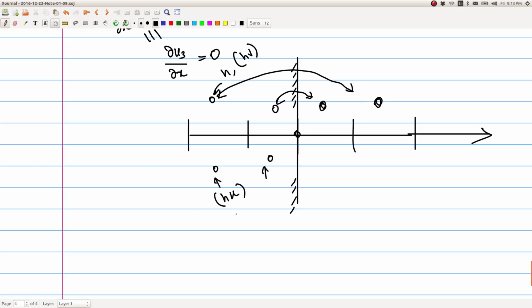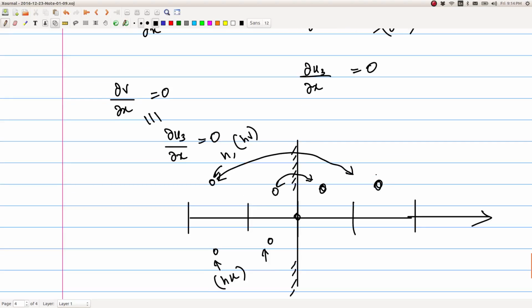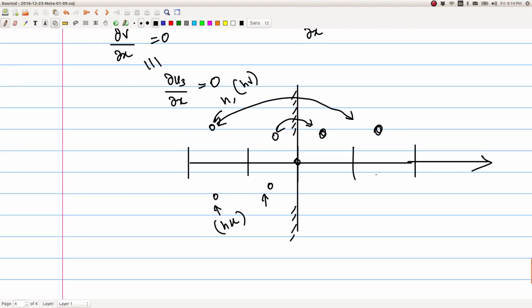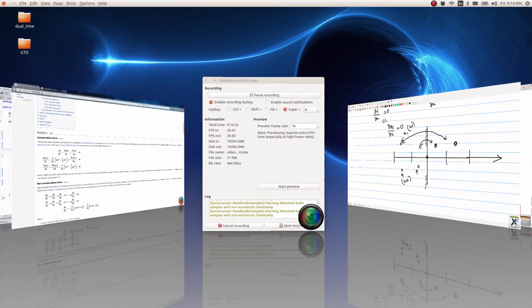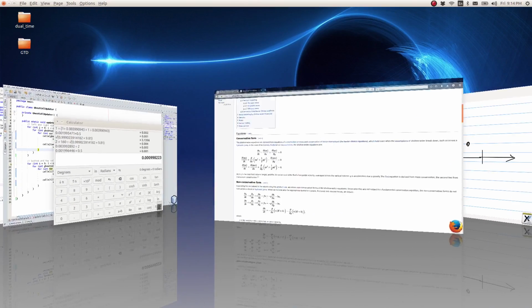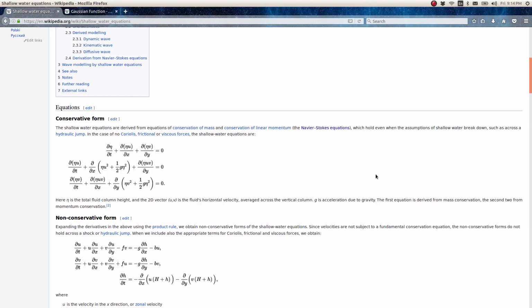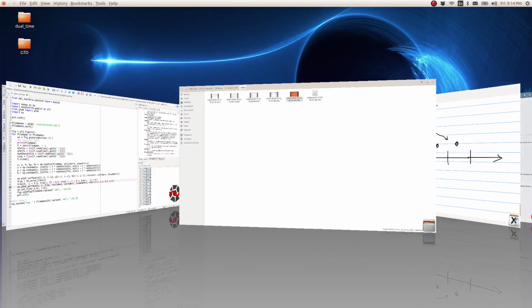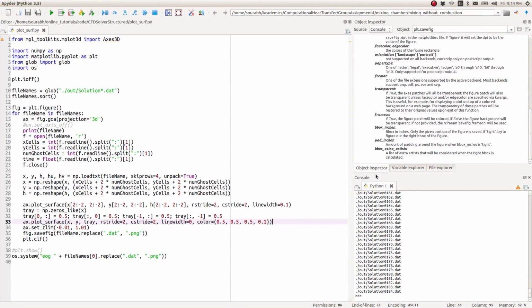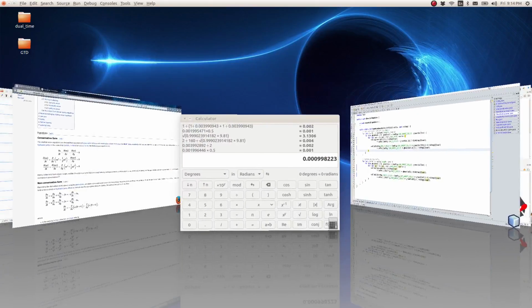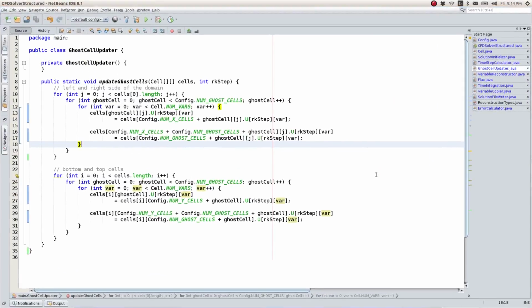If there are any doubts, please let me know in the comments, and I'll try to help you out. Maybe I'll provide some more details, because boundary conditions are always very tricky, and if you do not apply the right boundary conditions, your solutions are going to be wrong. Boundary conditions are the only way in which we tell the numerical solver how the physics is interacting with your solver.